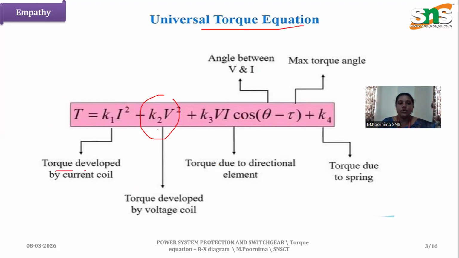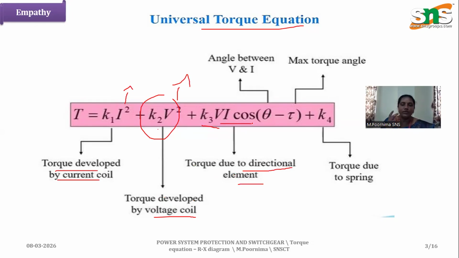K1 is the constant for the torque developed by the current coil. We know that we have a current coil and a voltage coil. I is the current that flows through the current coil. K2 is the constant for the torque developed by the voltage coil, and V is the voltage. K3 is the torque due to the directional elements, and VI cos(phi minus tau) is the power formula.